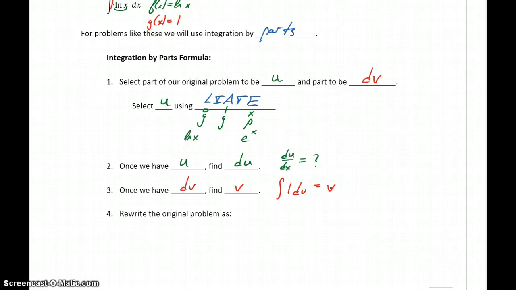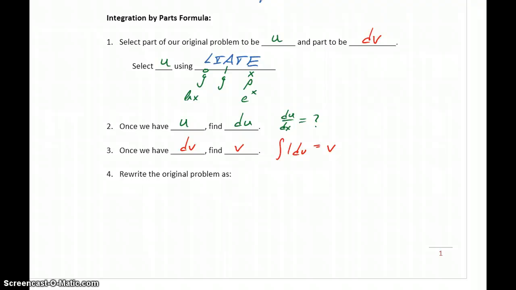So that'll give us our value for v. And then we'll take those different pieces and we'll write a new expression of the form u times v minus the integral of v du.